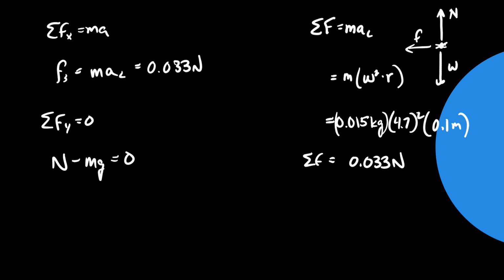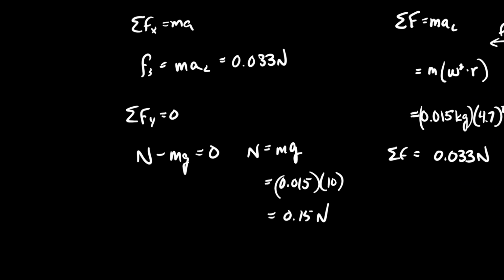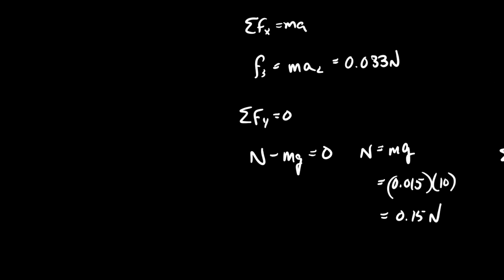Well, it looks to me also like normal force is going to equal mg, which is 0.015 times 10, or 0.15 newtons. Any questions there? I'm not doing anything outside of our set of steps, am I? This is all the stuff our steps would have gotten us to, but the problem asked about the coefficient of friction, so I'm probably going to have to use something that brings in the coefficient of friction to figure this out.